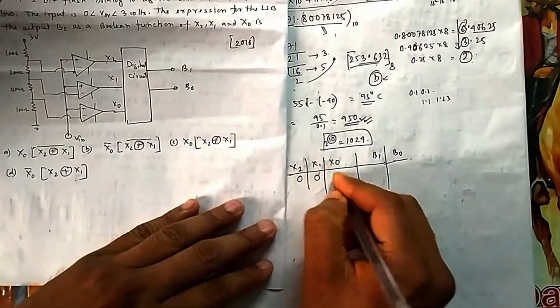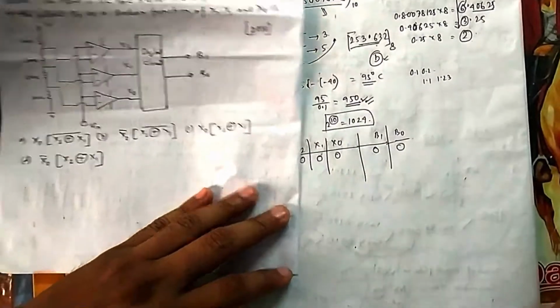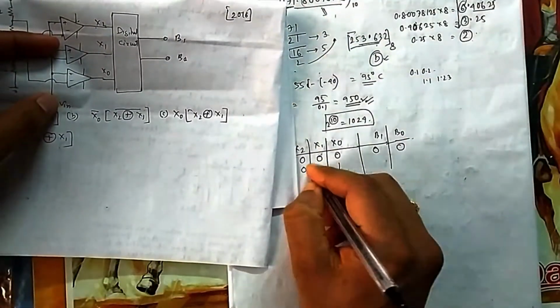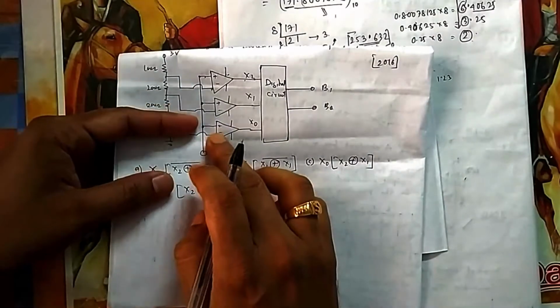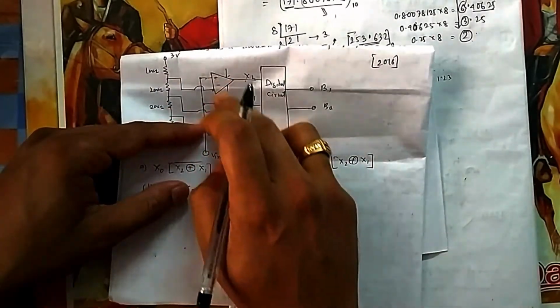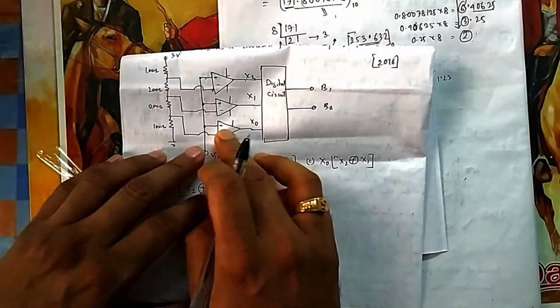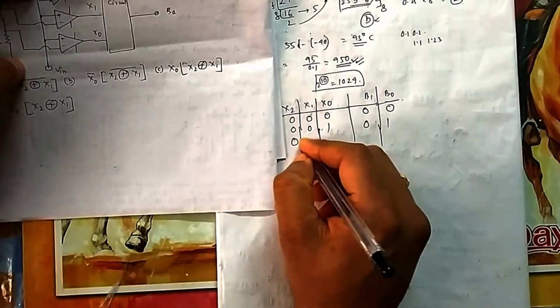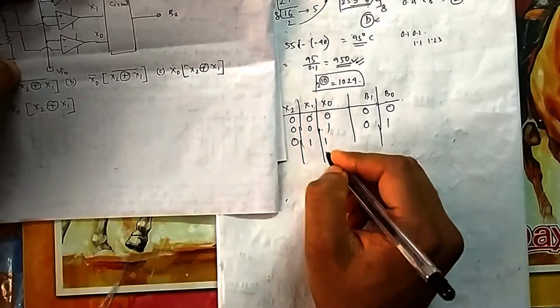So initially all are 0, so your output will be 0. Suppose the first op-amp gets activated, so it will be 0, 0, 1 and all others. You can see that your input has increased this much, but it has not reached this second level. So it is somewhere here, which means you can say it is 0, 1. So for 2 bits, the next step is 0, 1. Next is 0, 1, 1 suppose.